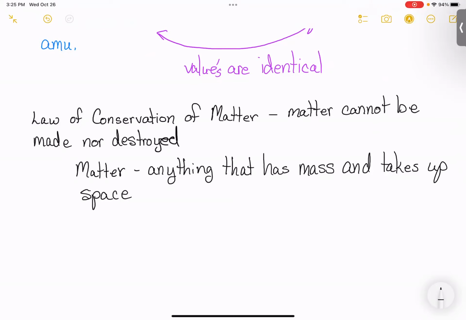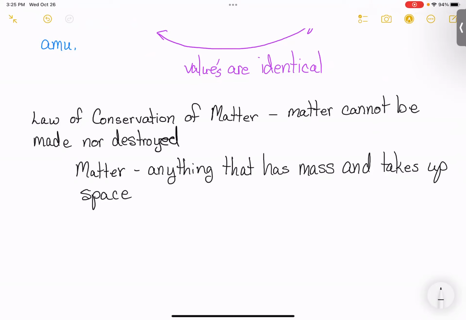So even though we cannot touch an atom of hydrogen, because it has a mass, it is matter. Just because we can't hold an atom of oxygen, because it has mass and it takes up space, it's considered to be matter.